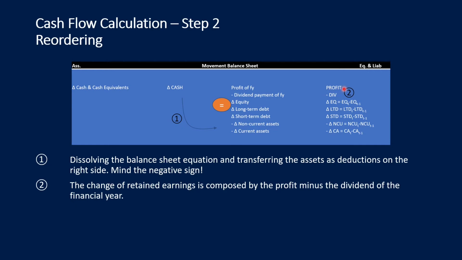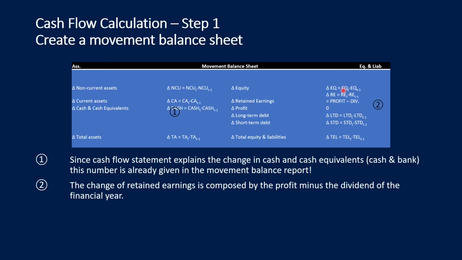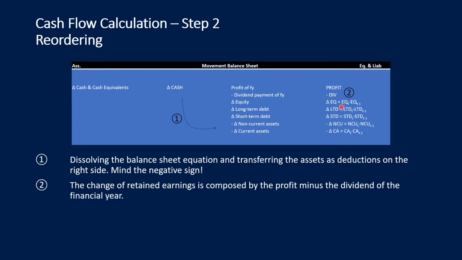Where does the profit come from? Well, of course, I just go back one slide. The retained earnings. The retained earnings is profit minus dividend. So the change in retained earnings is profit minus dividend.